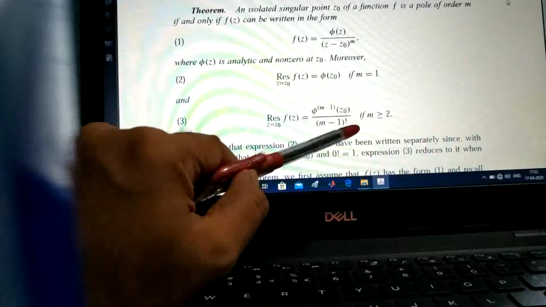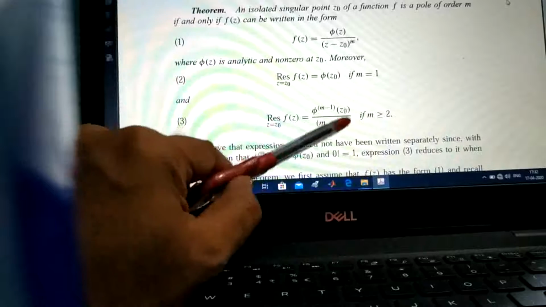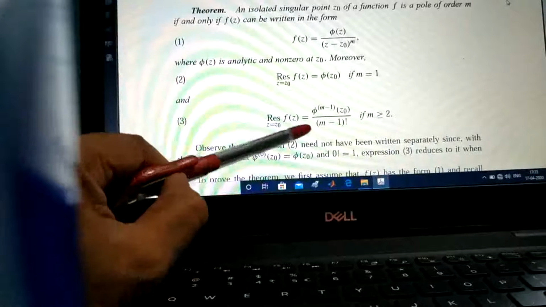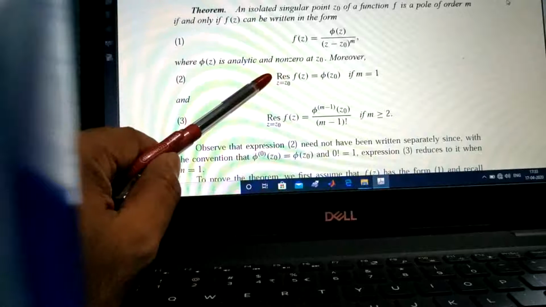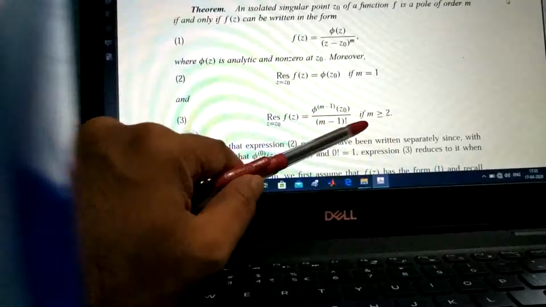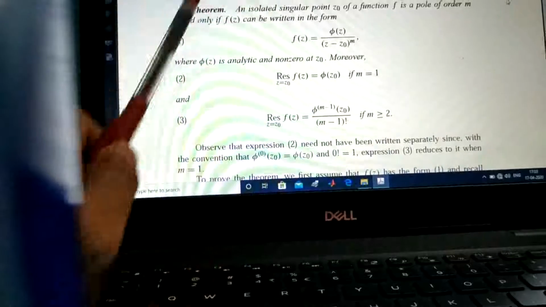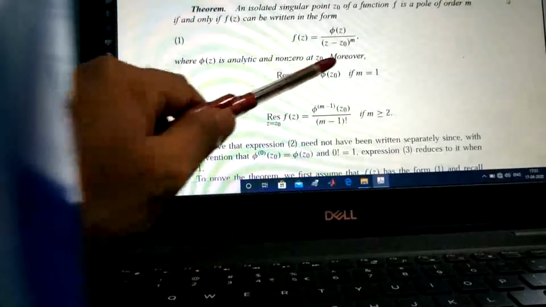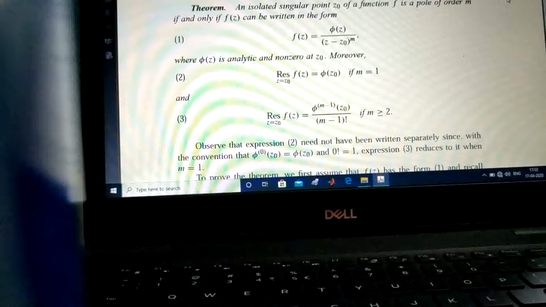So for m equals 1, this also satisfies the residue. As a whole, combining these, we can write this expression simply for m greater than or equal to 1. Moreover, this gives the idea of finding the residue.